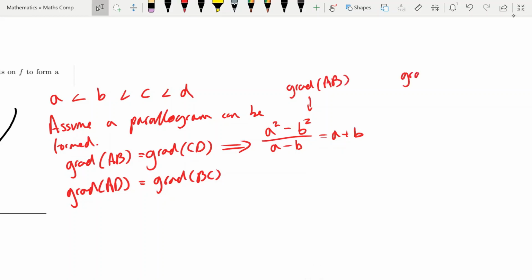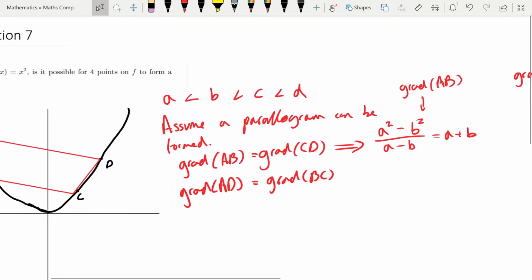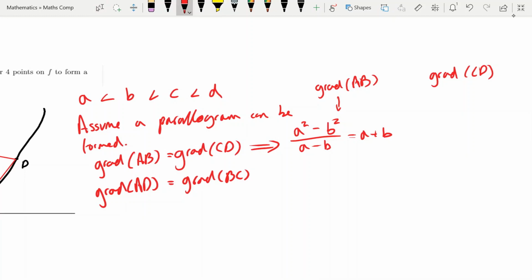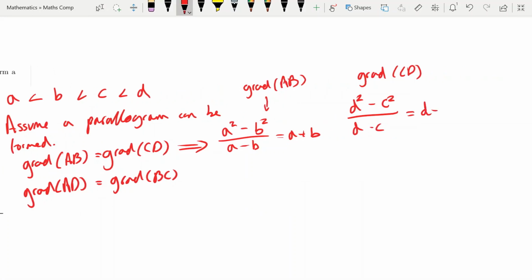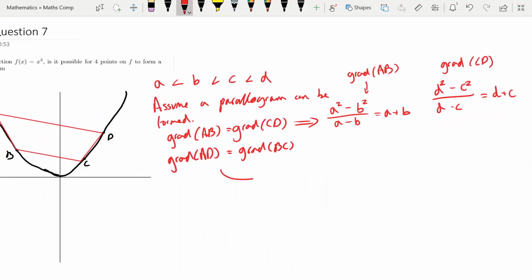For the gradient of CD, well, this will be the change in y, which is d squared minus c squared, over the change in x, which is d minus c. And this is d plus c. And the same logic goes for AD. The gradient of AD is going to be a plus d, and the gradient of BC is just going to be b plus c.